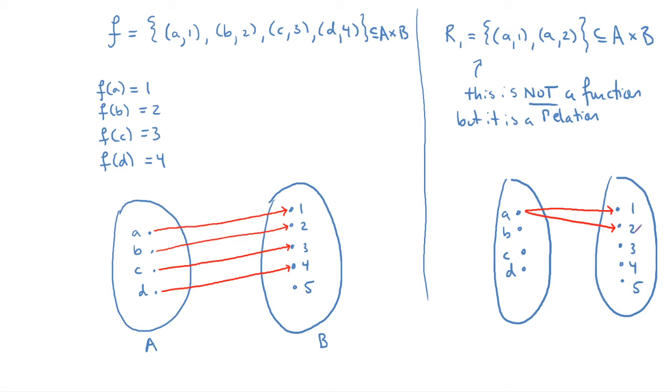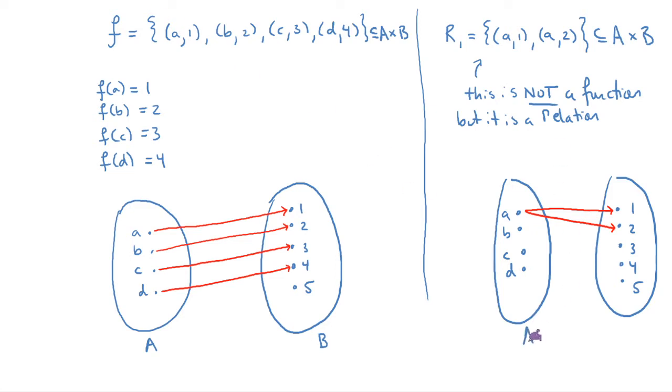So there are 2 problems with this. With a function, you can't have an input, so to speak, go to multiple things. I can't have multiple outputs for a single input. That's a problem. The second problem is that not everything in A was mapped somewhere to B.